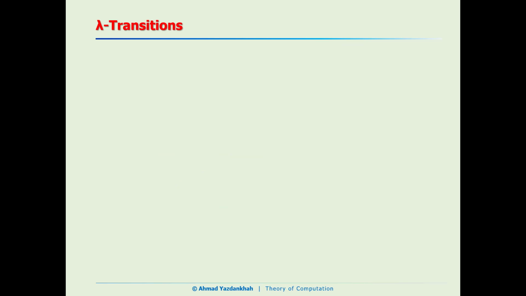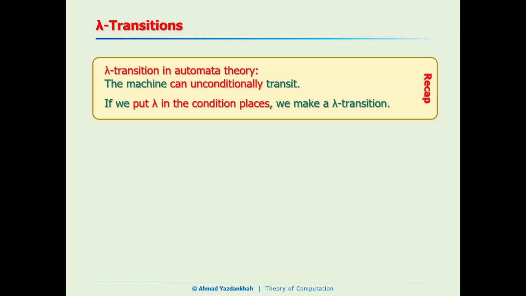To refresh your mind, a lambda transition in any kind of automata means that the machine can transit unconditionally, if we neutralize the condition for transition.